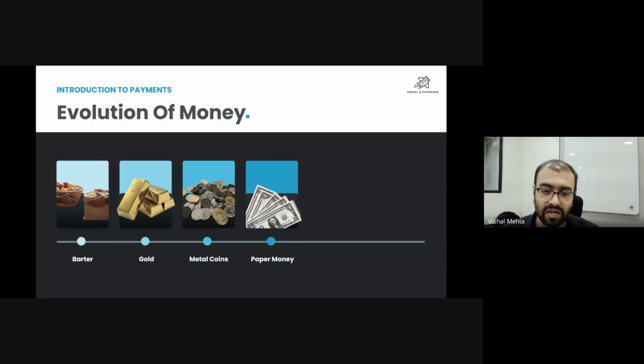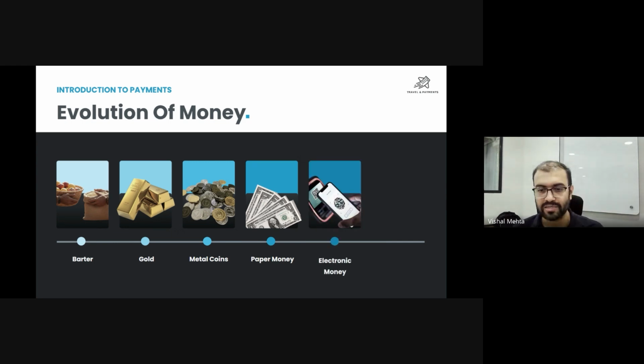And of course, in the last 100 or 150 years, we started with paper money. Paper money became cheaper to produce, and hence you could assign higher value to the same form of paper money. So at the end of the day, whether gold, metal coins or paper money, it boils down to the cost of development of that particular currency.